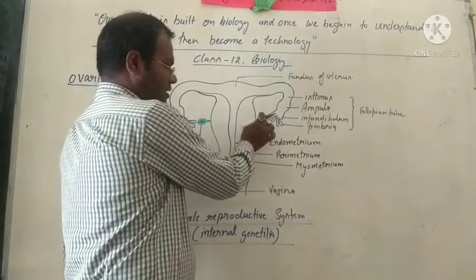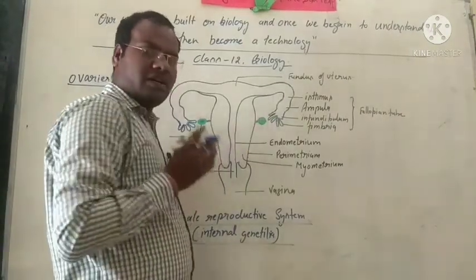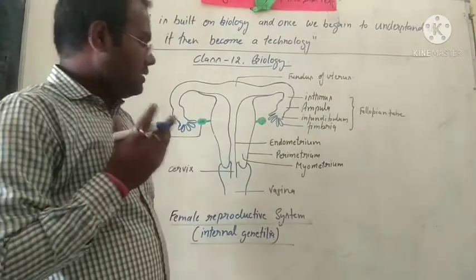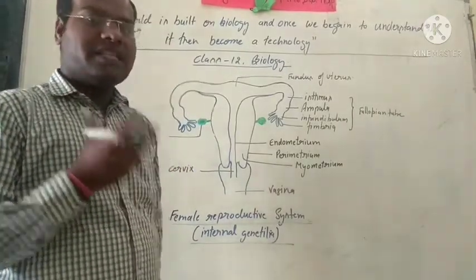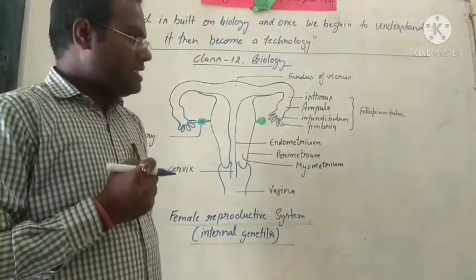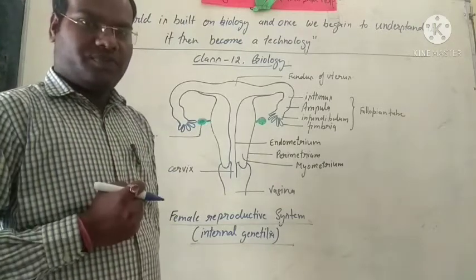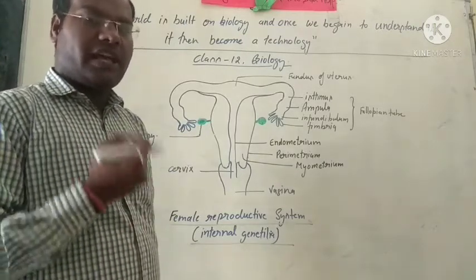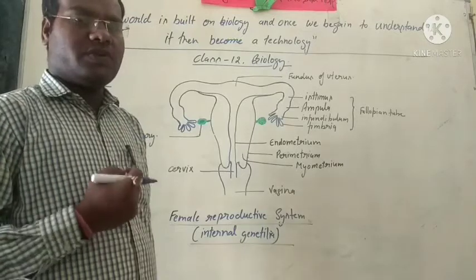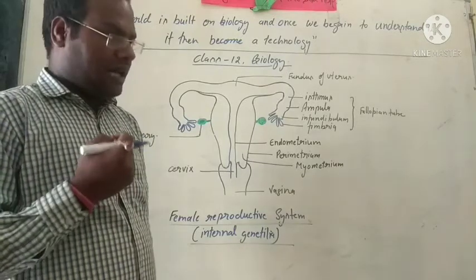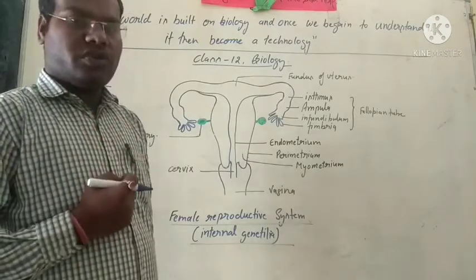Ovaries are two in number. They perform a dual function, because they produce the gamete and they also produce the hormones estrogen and progesterone.